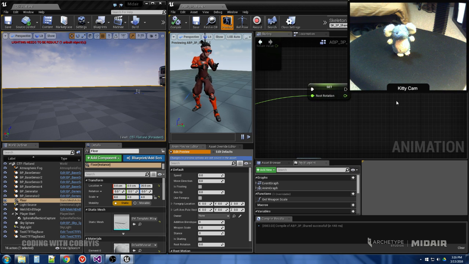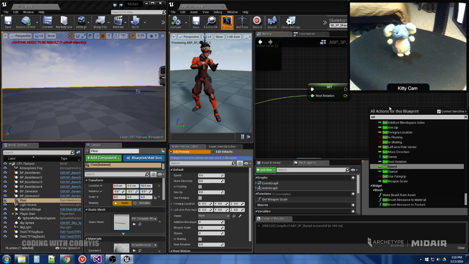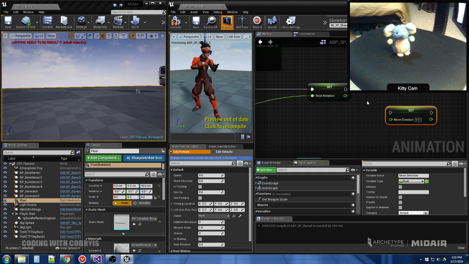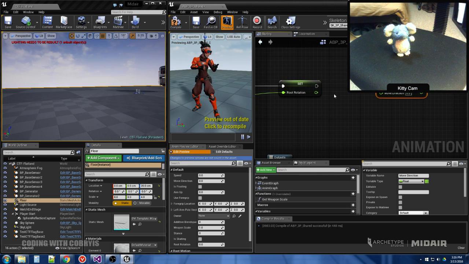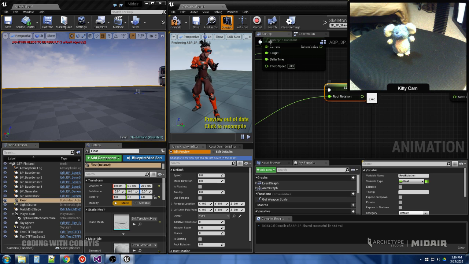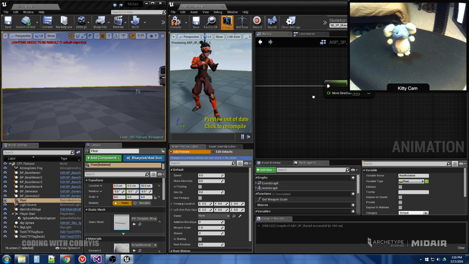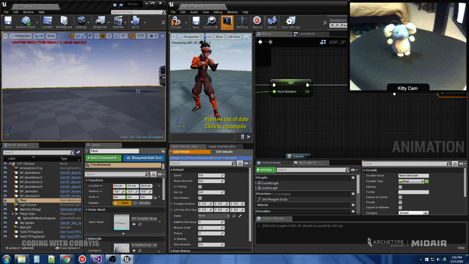Alright, so we're going to set move direction. This move direction will be applied to the blend space that I showed you earlier to show what direction the character is facing. We want to choose an angle on that based on this.